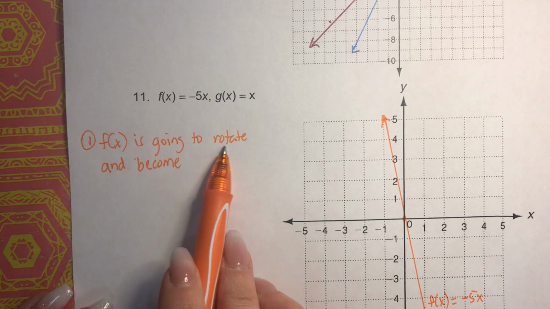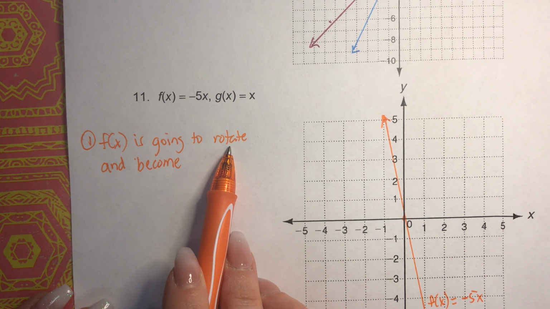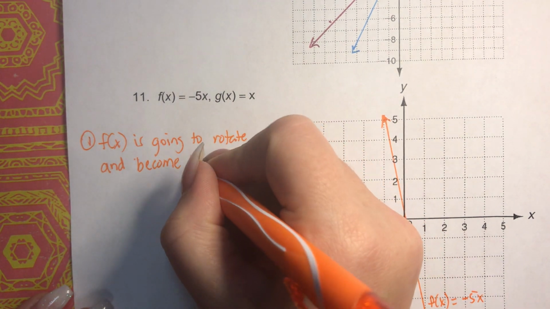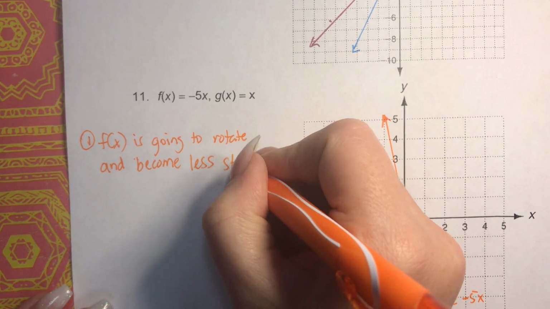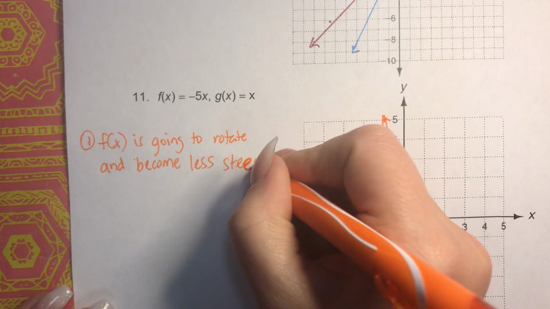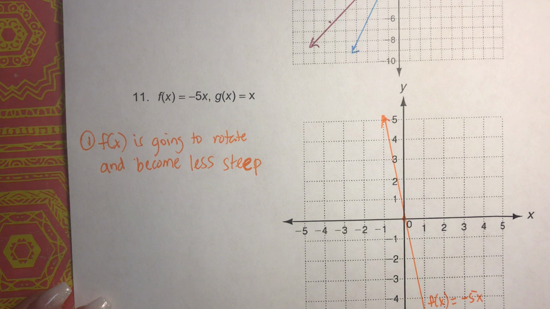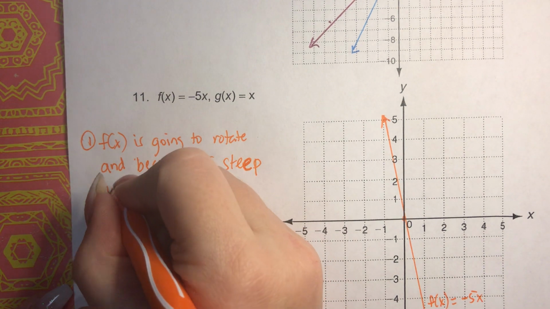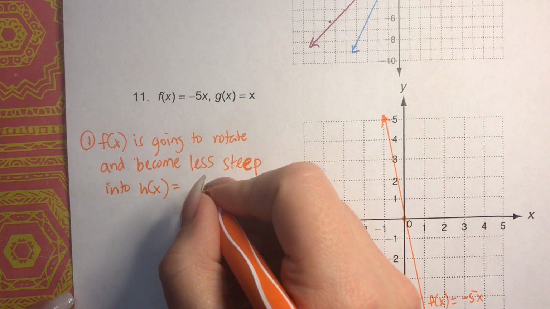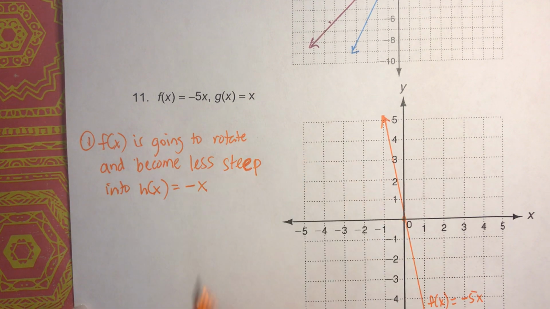So it's going to rotate and become less steep into h of x equals negative x.